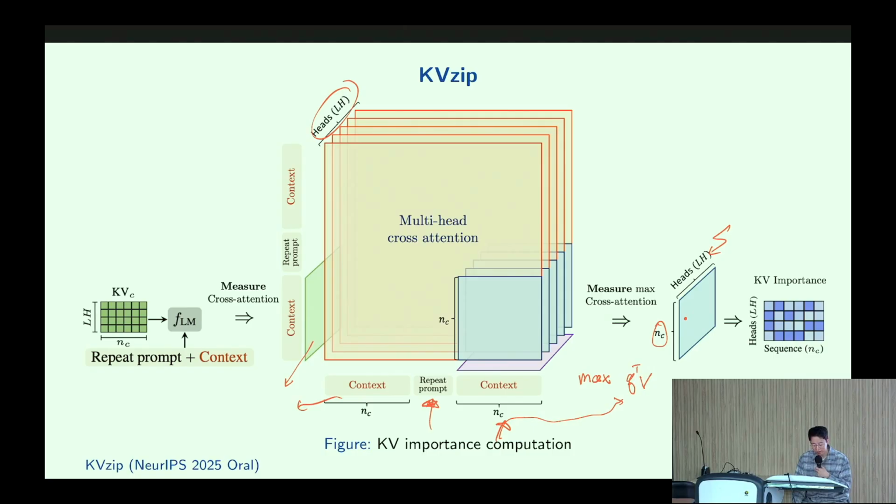And when it's decoding the previous context again, some of the context tokens are going to receive a lot of attention. Some of them are not going to receive attention.